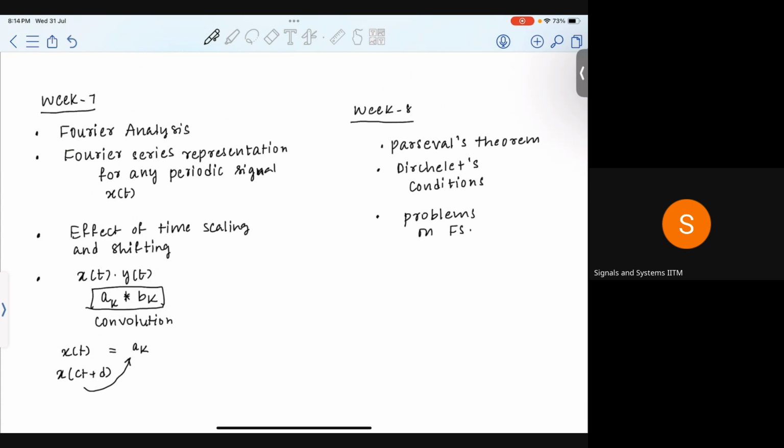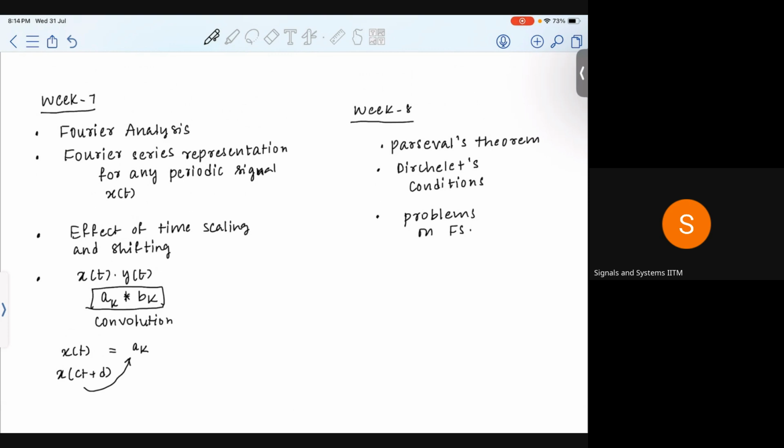And in the eighth week, we saw the main topics, which are Parseval's theorem, Dirichlet's conditions, and I think the Professor did several problems related to Fourier series. So these are the topics.